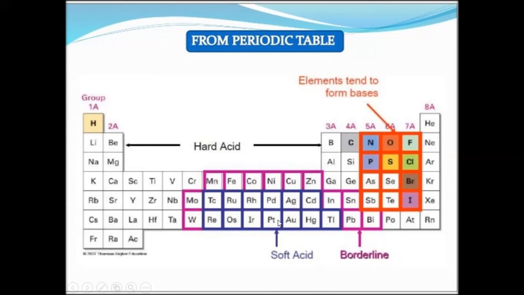And these are the soft acids. And coming to the bases, you can see all these form the bases. These all form the acids. And these are all the border lines. The blue ones are acids, these are bases, and these are the borderline.